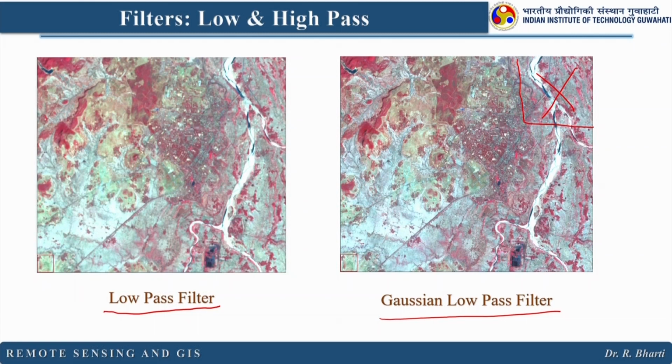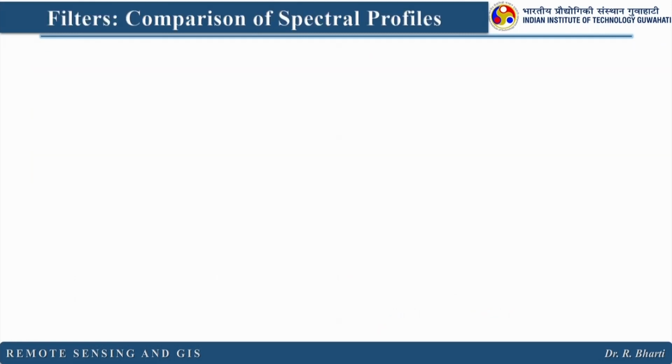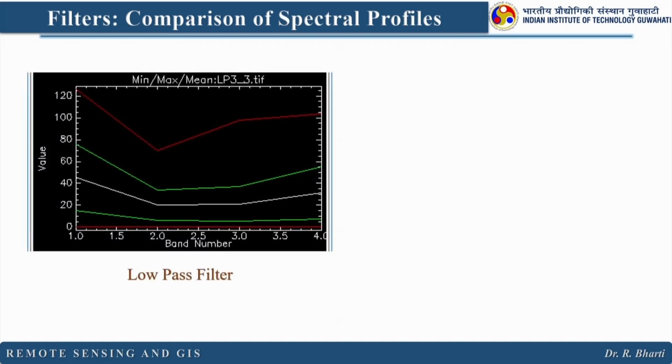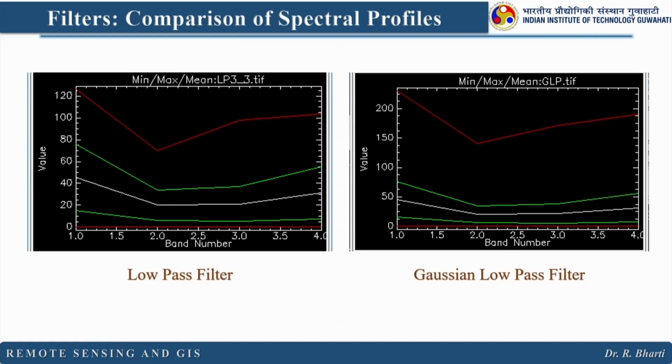We can see this comparison when we compare the spectral profile of the same pixel with the low pass filter and the Gaussian low pass filter. Here in the low pass filter, this particular peak you can see in all the bands is preserved.